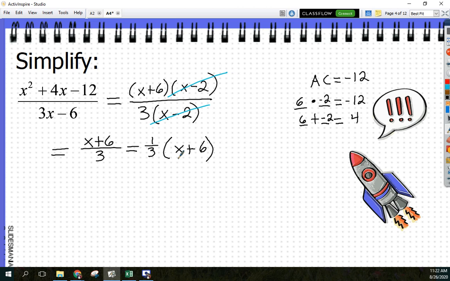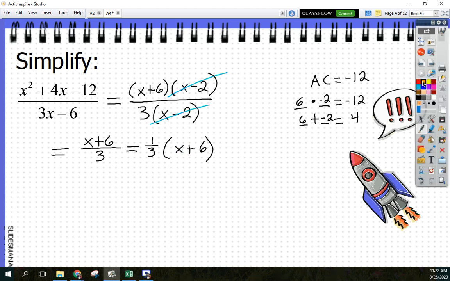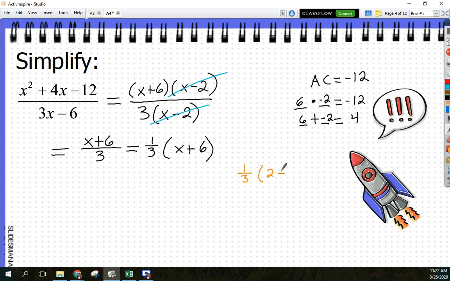And that's going to be true for everything except for 2. Because notice, if I plug in 2 here, I would get 1/3 times 2 plus 6, which would give me 2 plus 6 gives me 8. So I end up with 8/3.